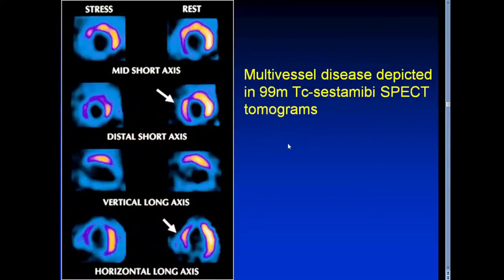The next point is so-called SPECT, single photon emission computed tomography. Very sophisticated, very expensive, by the way, method, but it allows us to get information about the distribution of technetium sestamibi medication in the myocardium.